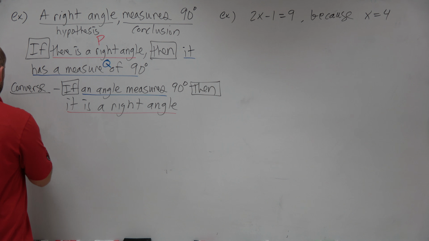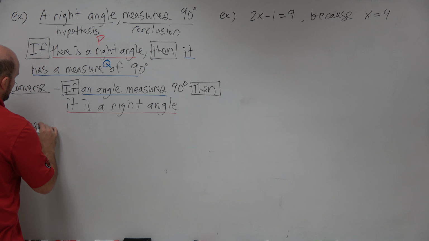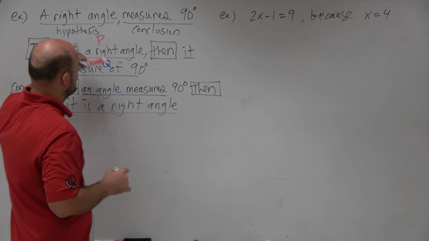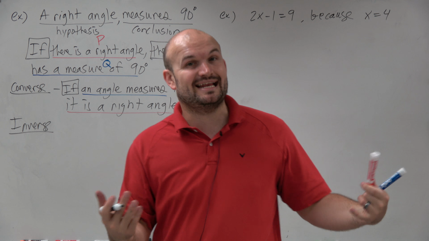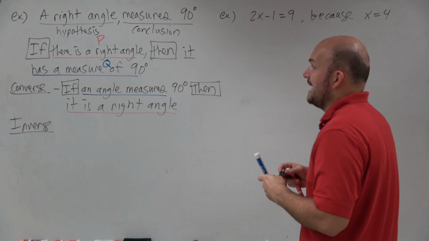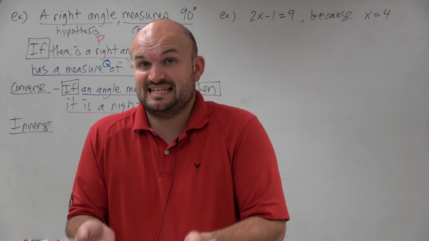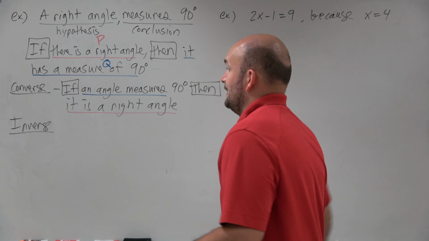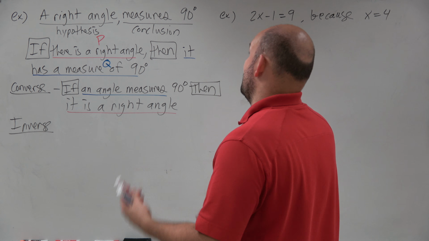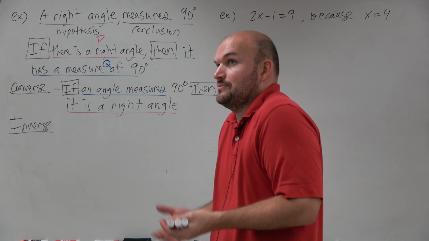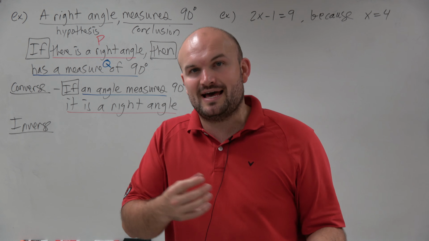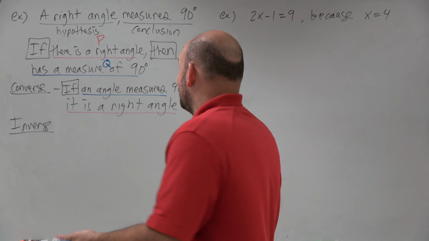Now the next one is the inverse. Remember, the inverse is basically the same if P then Q, but negating. So we have to think about, what is the opposite of having a right angle? Well, it's not going to be 100. It's just saying it's not 90 degrees. There's no exact inverse of that; it's just not being 90 degrees.